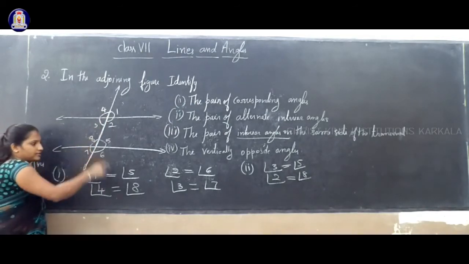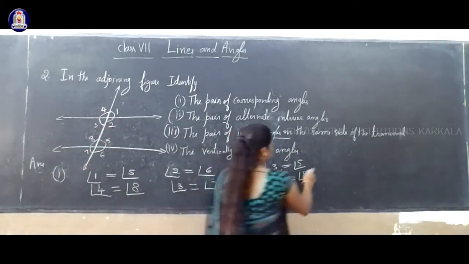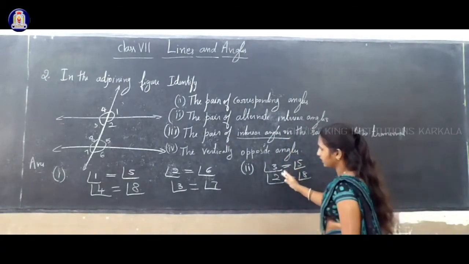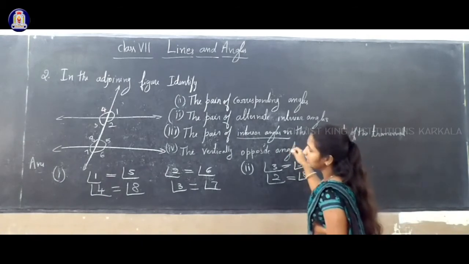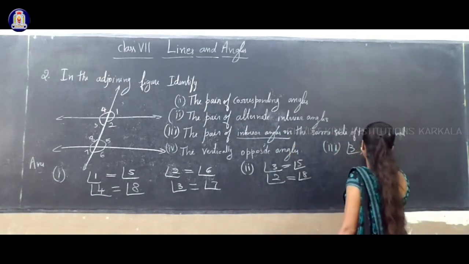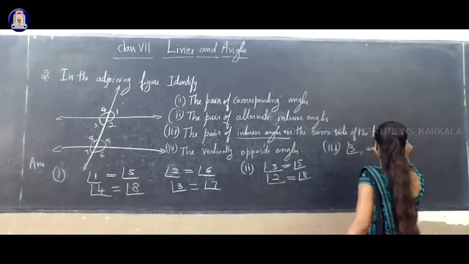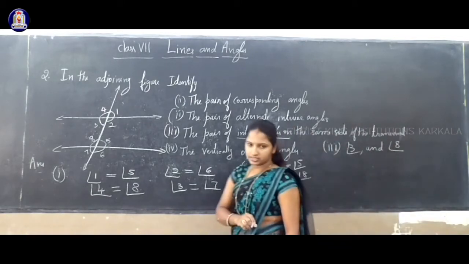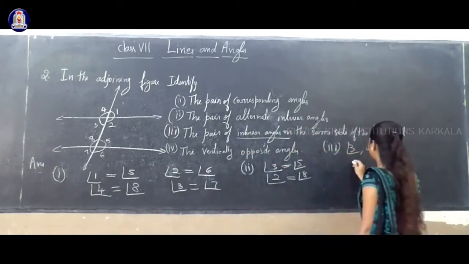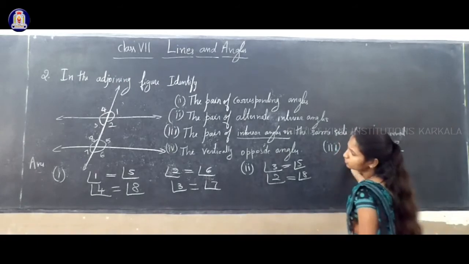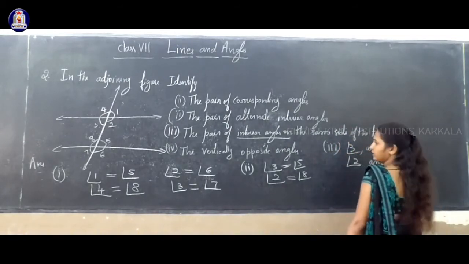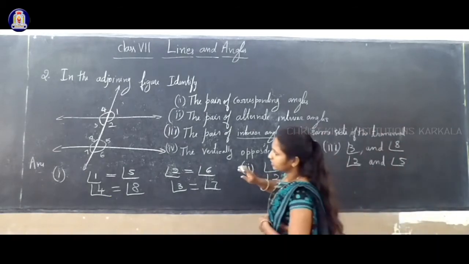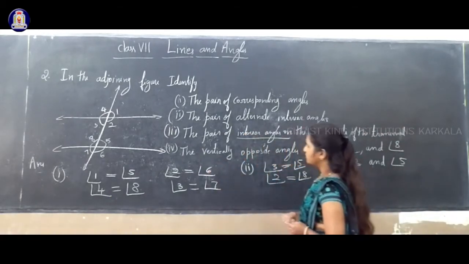They did not ask to write equal, but angle 3 and angle 8 are on the same side of the transversal. And one more, angle 2, is it correct? Angle 2 and angle 5 are also on the same side of the transversal.